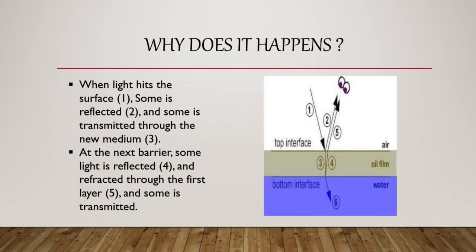The given diagram shows the formation of interference when light hits the surface. When light hits the surface, some of the light is reflected back and some of the light is transmitted through the medium, and at the next barrier some of the light is reflected and some of the light is refracted. So this forms thin film interference.